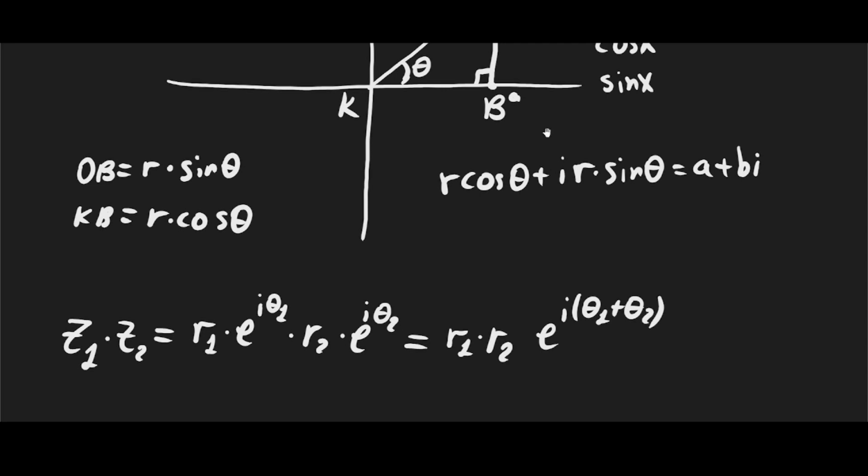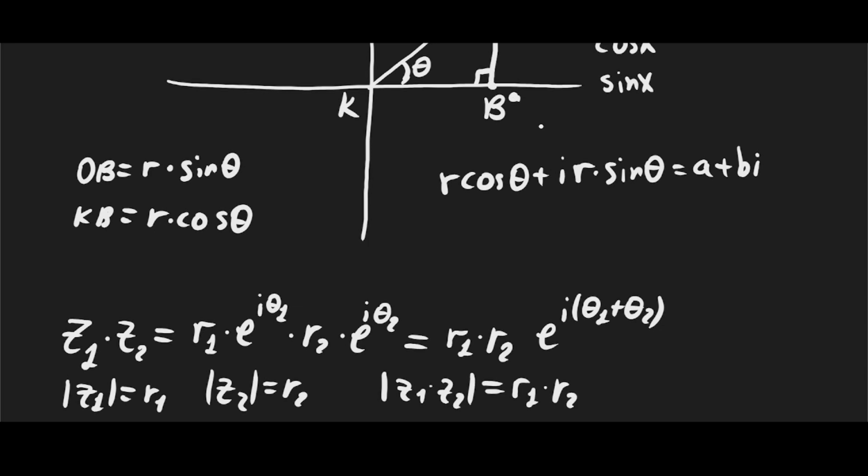From this expression, it is easy to notice that if we multiply two complex numbers, their magnitudes are also multiplied. The magnitude of z1 is r1, the magnitude of z2 is r2, and the magnitude of z1 times z2 is r1 times r2. So this formula is correct, and it equals the magnitude of z1 times the magnitude of z2.